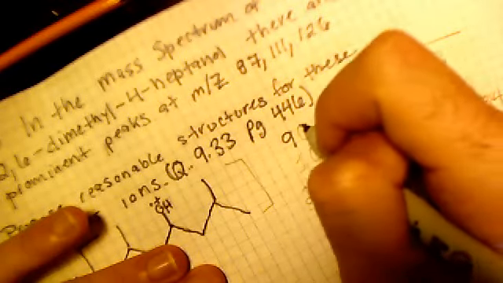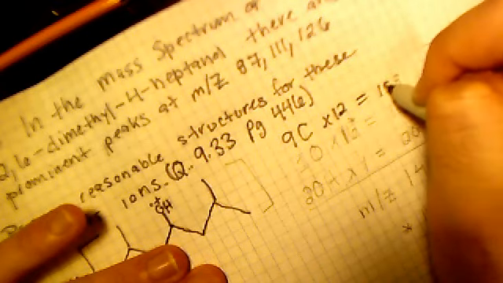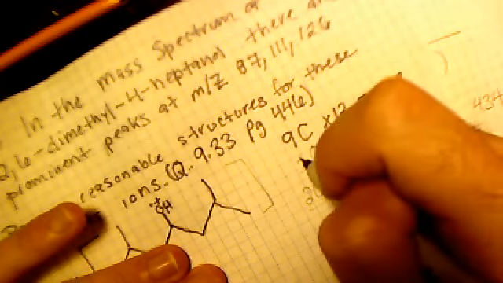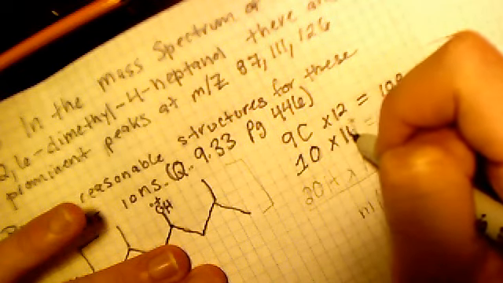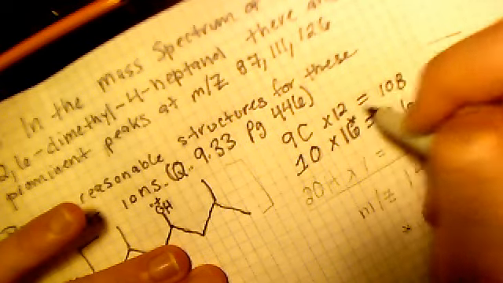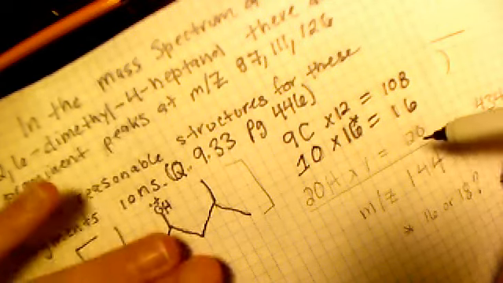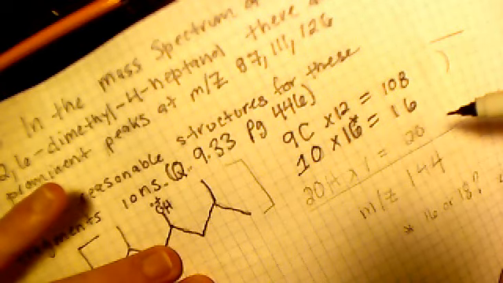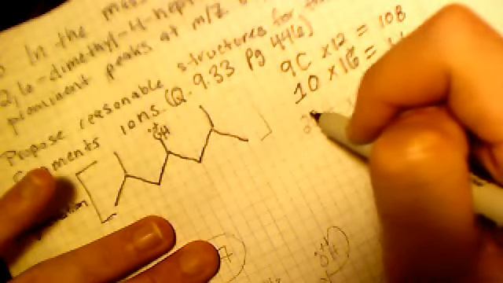There's 9 carbons times 12 equals 108. There is 1 oxygen times 16, which equals 16. I'm going to star that because oxygen can be 16 or can have the ion of 18. I didn't know which was which, and I figured it out a little bit later.